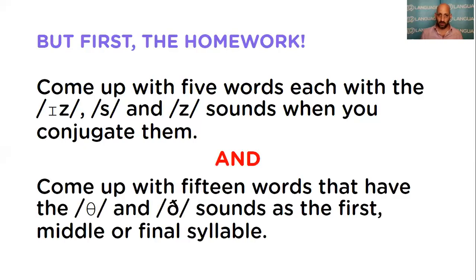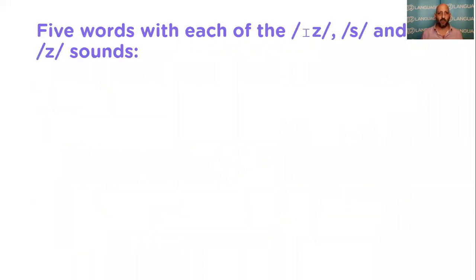And then the other one was the th and th sound, so voiced and unvoiced, or rather unvoiced and voiced, where you have the th or th in the middle, at the beginning or at the end of the word. I hope you came up with your words. These are just some that I'm putting up to refresh your memories and to show you that I actually did a little bit of homework as well.